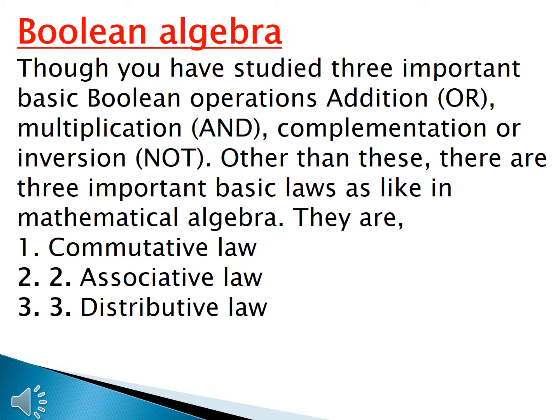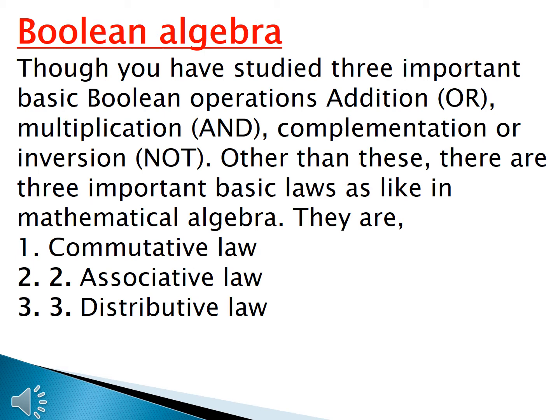And basically in this algebra we use the signs plus, multiplication, and overbar. We use three symbols and three types of logic operations: AND, OR, and inverter. AND, OR, and inverter means NOT.